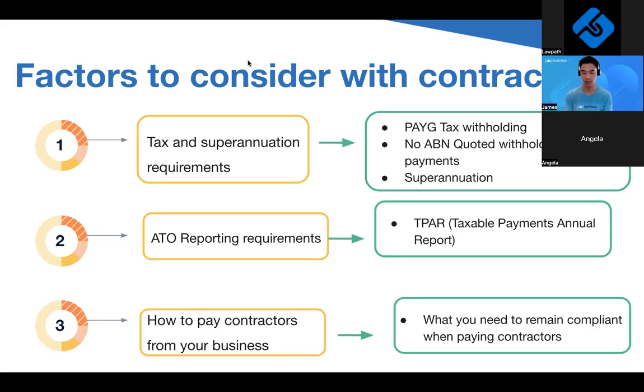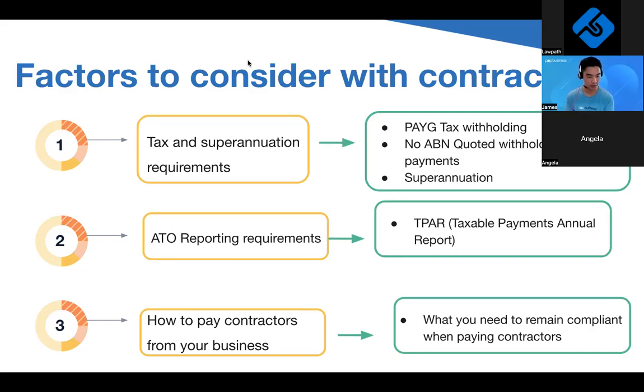In terms of ATO reporting requirements for contractors, there isn't really any unless you're engaging a contractor in a specific industry. I'll list out the industries that need to do what's called TPAR reporting, or taxable payments annual report.